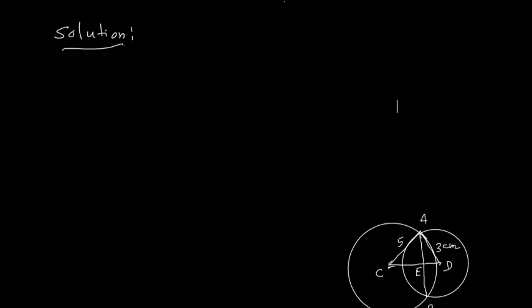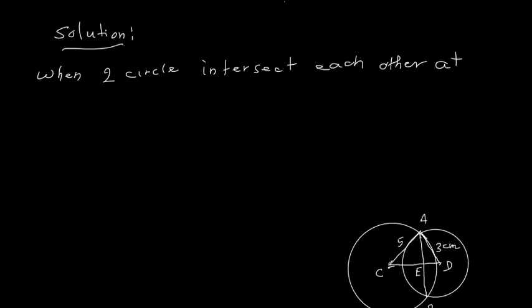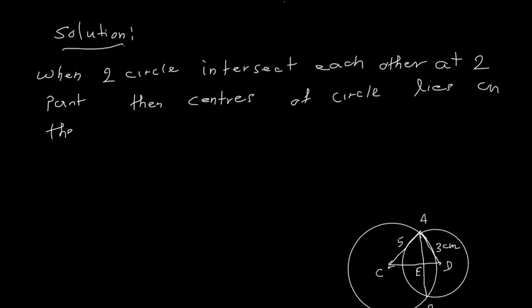So here I will say that when two circles intersect each other at two points, then the centers of the circles lie on the perpendicular bisector of the common chord.